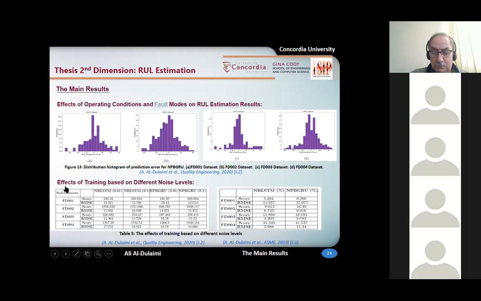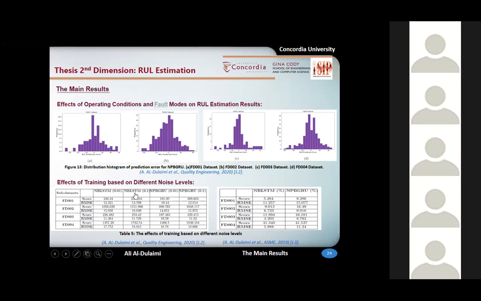The second effect that we studied here was the effect of the noise level, where we chose 2 models from the proposed models, which are the noisy bidirectional LSTM and the noisy parallel bidirectional GRU. We used a level of 10 times the usual level of the noise.